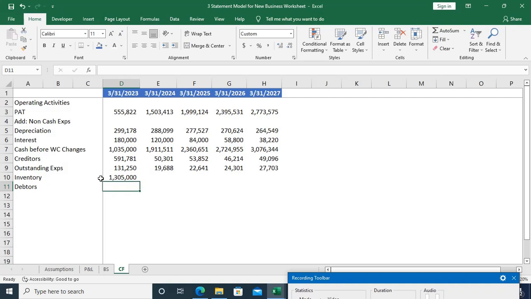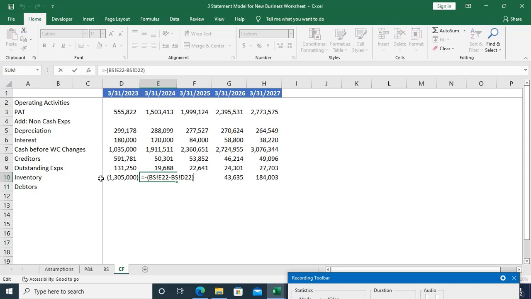Here actually the impact has been cash outflow. So whatever the result is, you can put a bracket and then it would be very easy to use. Otherwise this thing can get messed up very easily.